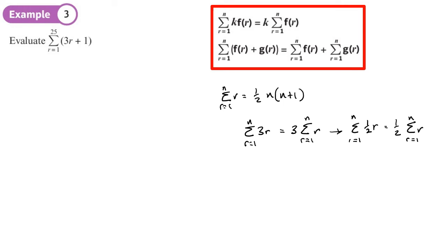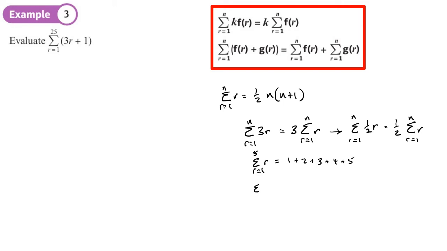Yeah. Now, probably a little quick proof to show you. So let's say the sum of r equals 1 to 5 of r would be 1 plus 2 plus 3 plus 4 plus 5.